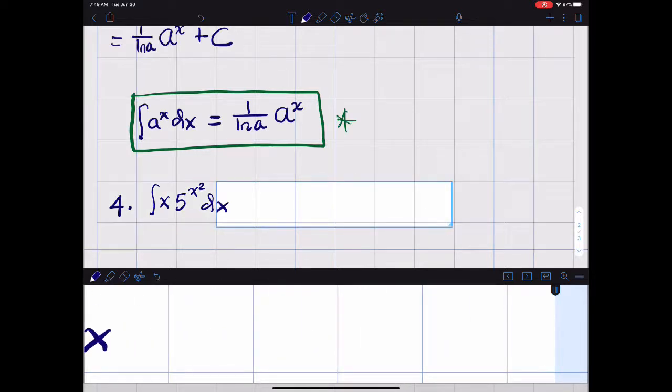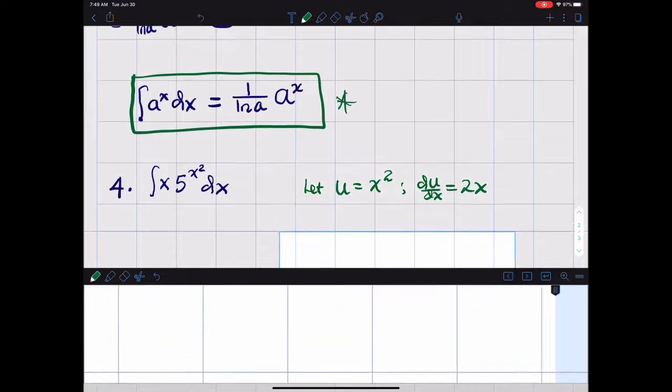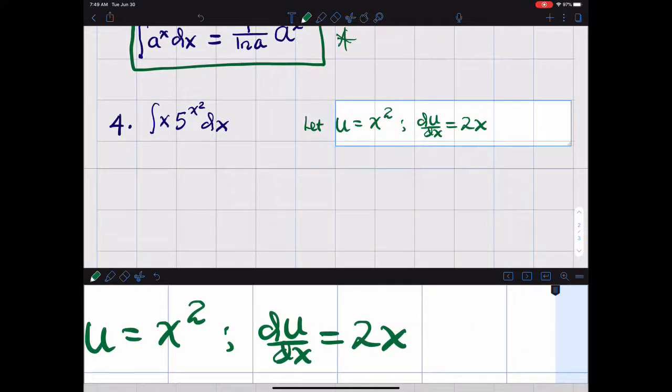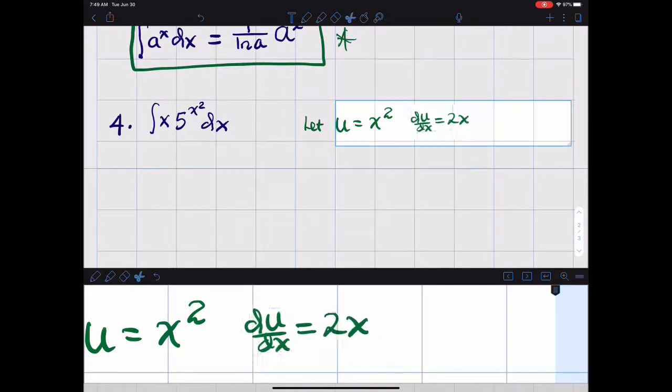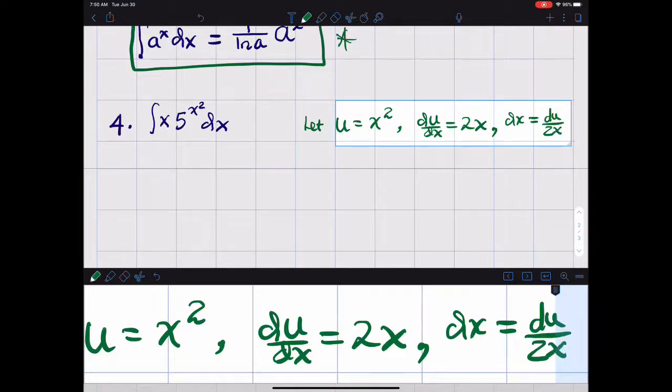Now let our u be equal to x squared, so that du dx is 2x, and in that case dx is equal to du over 2x.